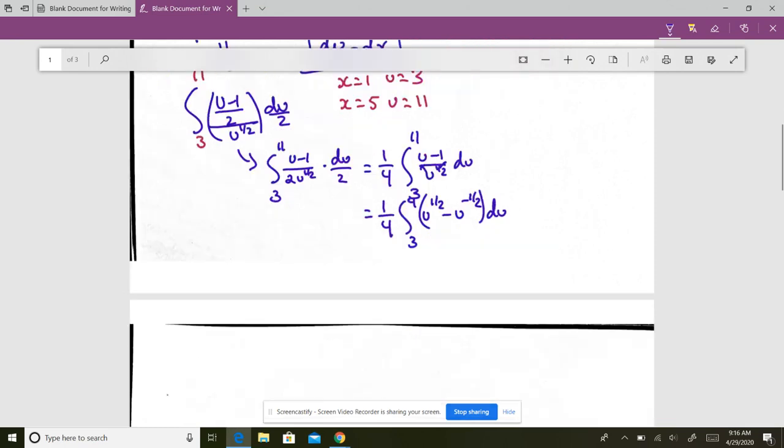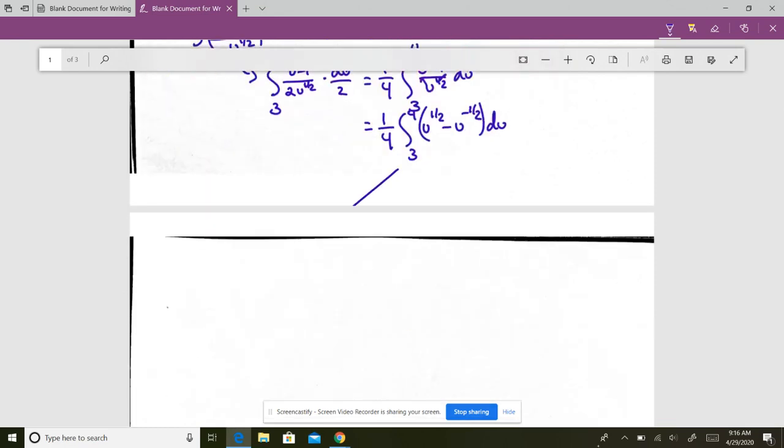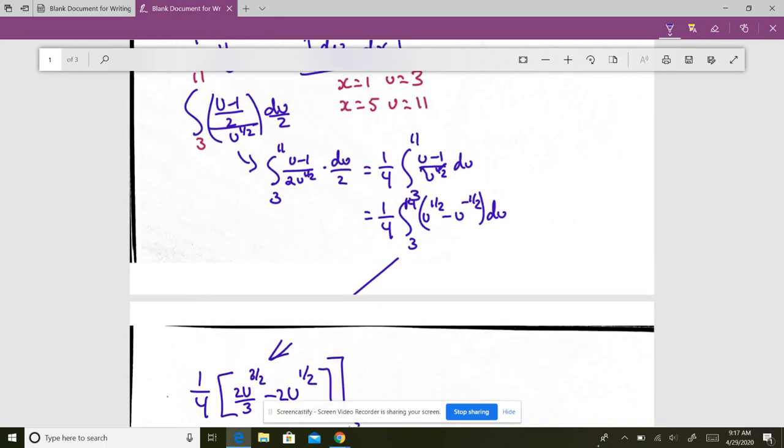Now we do the integral. So I get 1/4 times u to the 3 halves, since we add 1 to the exponent, over 3 halves, minus u to the 1 half over 1 half, evaluated from 3 to 11.